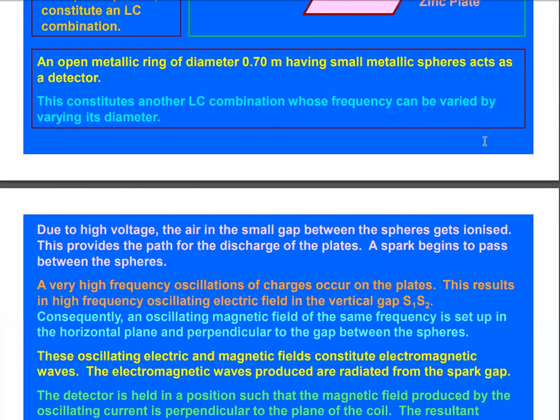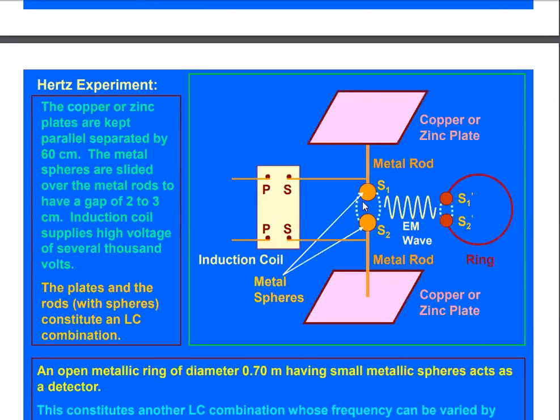I have already told you that whenever a charged particle oscillates between 2 points, the charged particle itself generates electromagnetic waves. So here, because of high voltage, air molecules get ionized, giving equal and opposite charge in the space between the two balls.